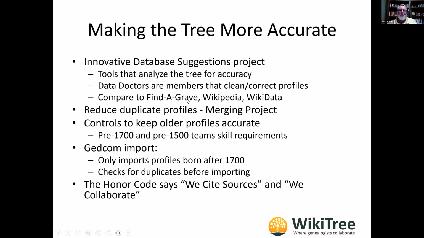They'll compare to Find a Grave. If Find a Grave has a different date, or a birth date that's not on the profile, it'll detect stuff like that. Again, it's Find a Grave, so think of it as a clue, not as blindly accepting stuff in Find a Grave. But if you use it properly, the overall result will be a more accurate global tree. The merging project, that was the arborist.